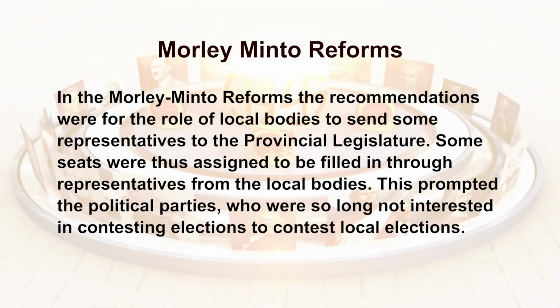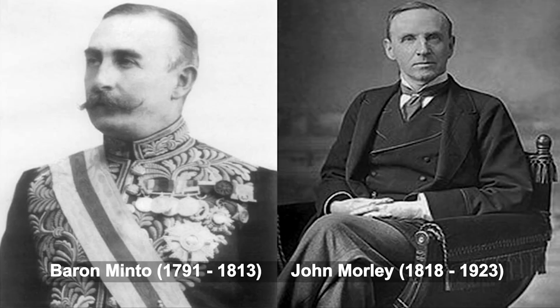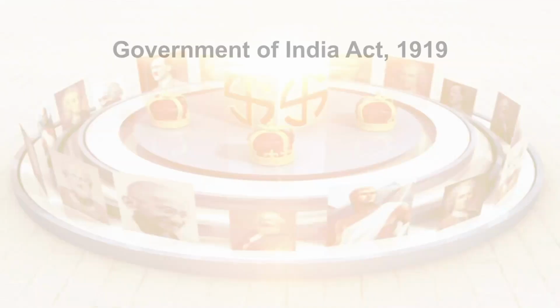This prompted the political parties, which so long were not very interested in contesting local elections, and of course elections were also few and far between. But after the Morley-Minto recommendations, political parties got into the act, and they contested local body elections so that they could send their own representatives to the provincial legislature.